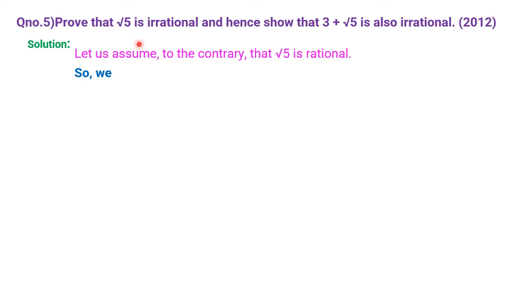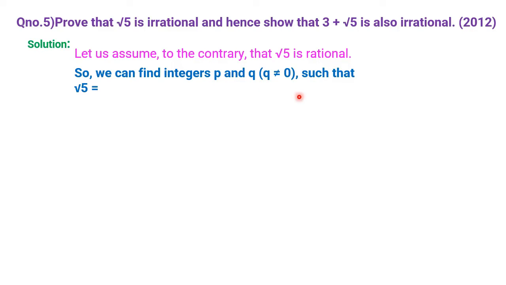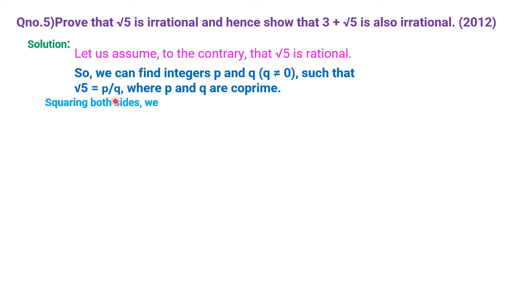So we can find integers p and q not equal to 0 such that square root of 5 is equal to p by q, where p and q are co-prime. Co-prime means co-prime numbers are pairs of numbers that do not have any common factor other than 1. Got it?